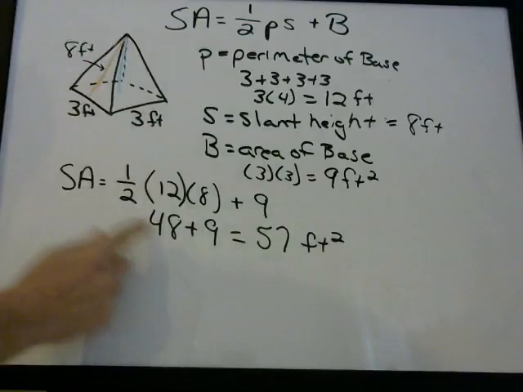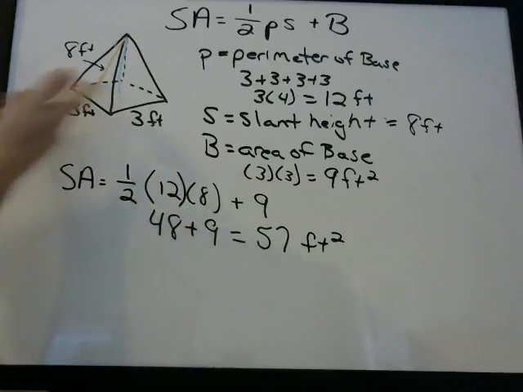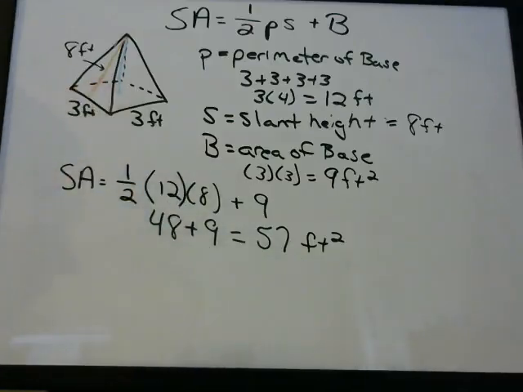So this 48, that's the surface area for those 4 triangular sides. So for all 4 of them. The B, area of the base, is obviously giving you the surface area for the bottom.